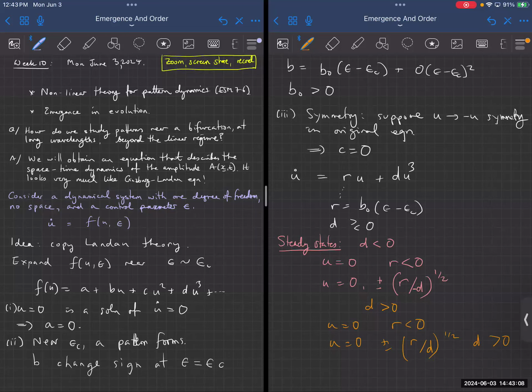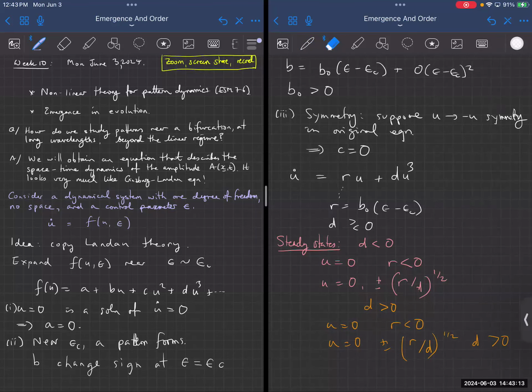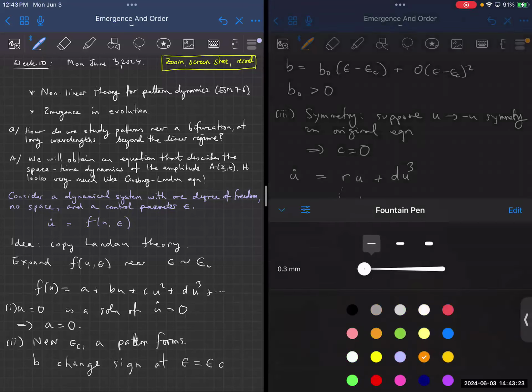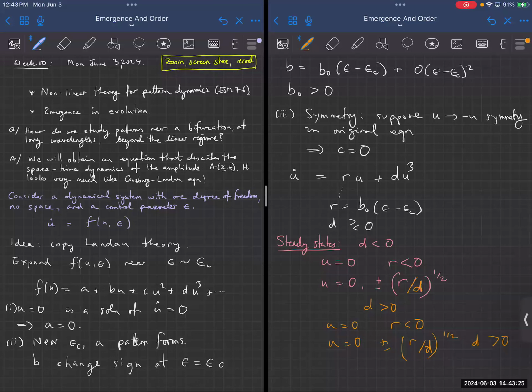What I wrote here was wrong. Okay, and what I have in my notes is correct. So let me just change this. Nope, that still doesn't make any sense. Something's wrong here.